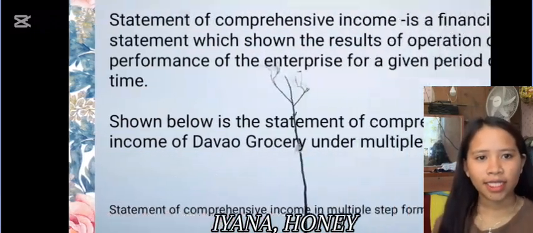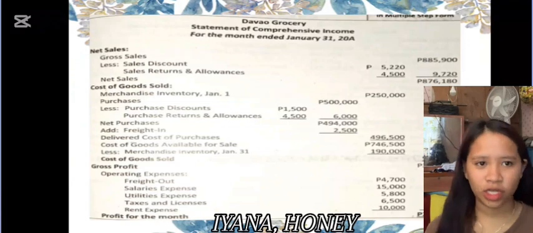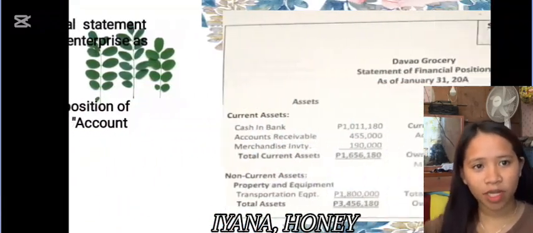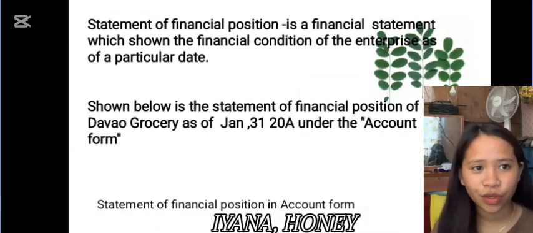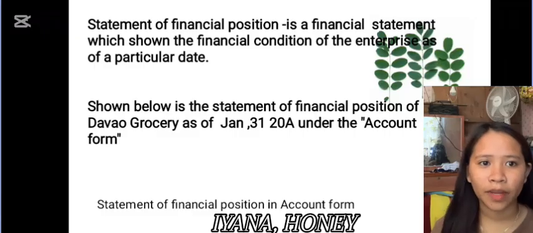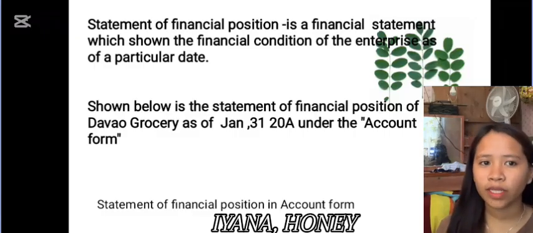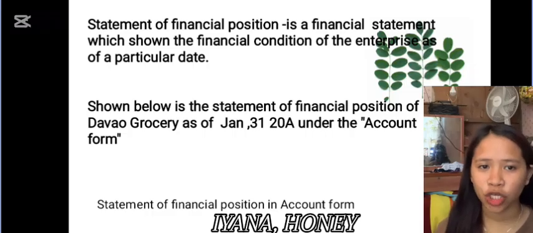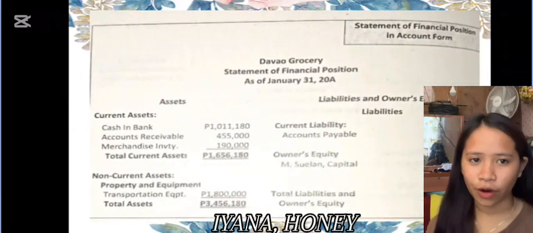The Statement of Financial Position is a financial statement which shows the financial condition of the enterprise as of a particular date. Shown below is the statement of financial position of Davao Grocery as of January 31, 2020 under the account form.